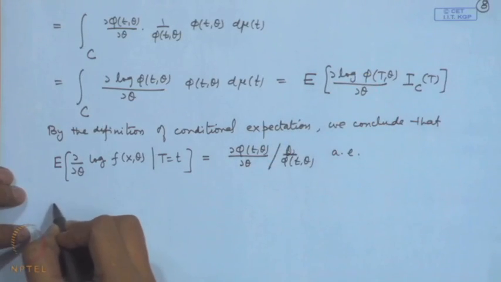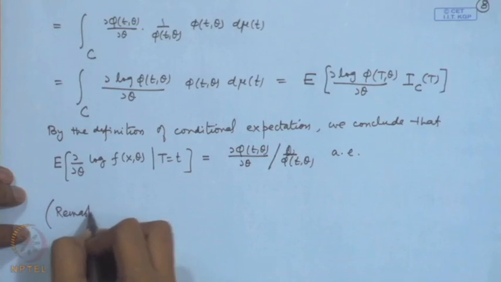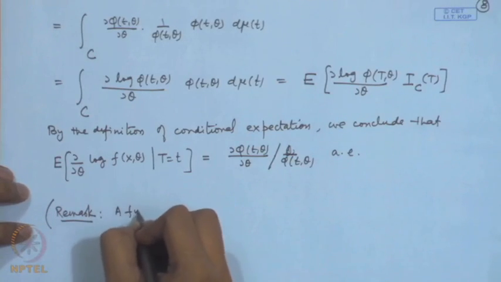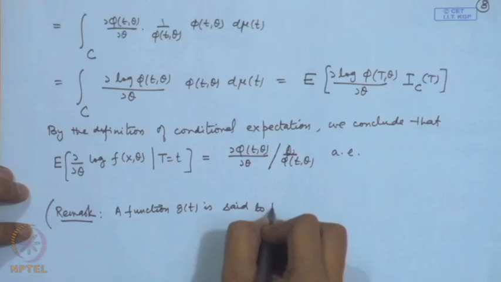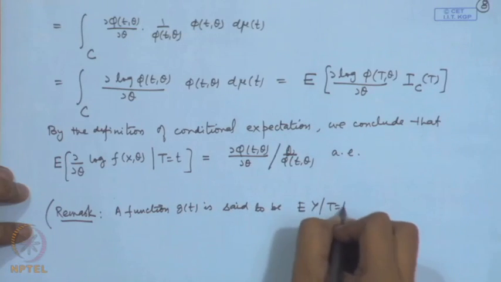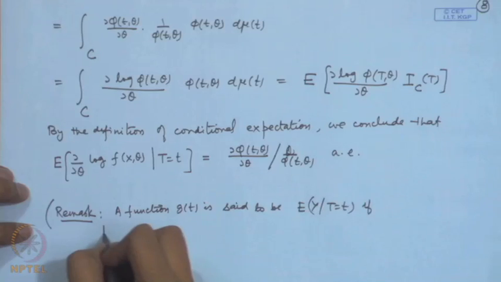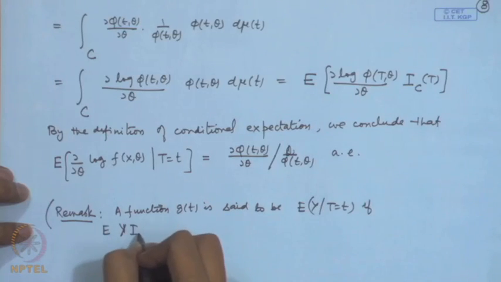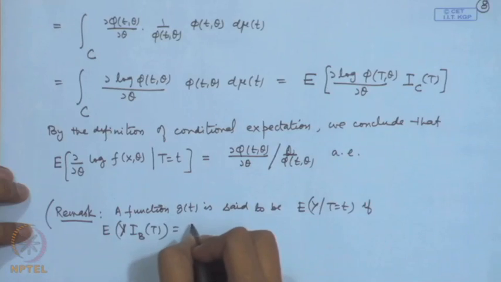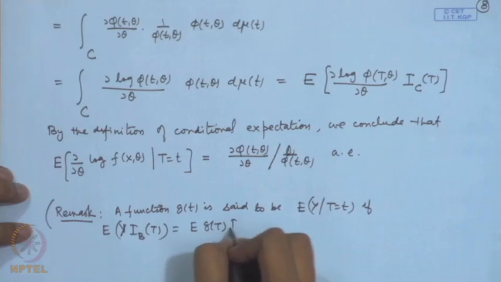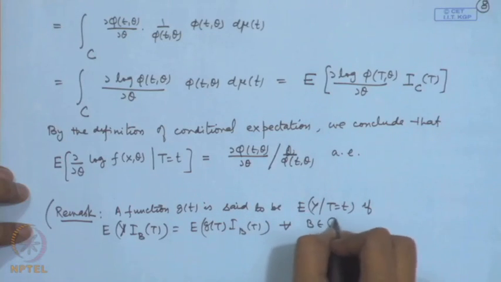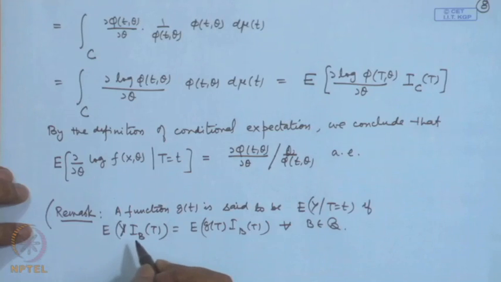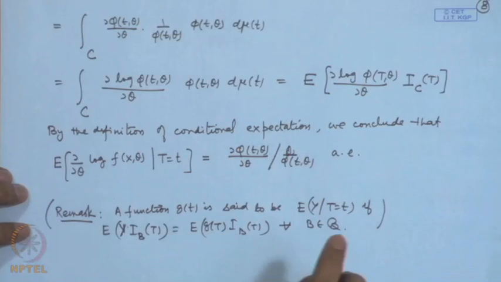In fact, let me write here a remark: a function g(t) is said to be the conditional expectation of Y given T if expectation of Y I_B(T) is equal to expectation of g(T) I_B(T) for all Borel measurable sets B. So, we have used this definition here.